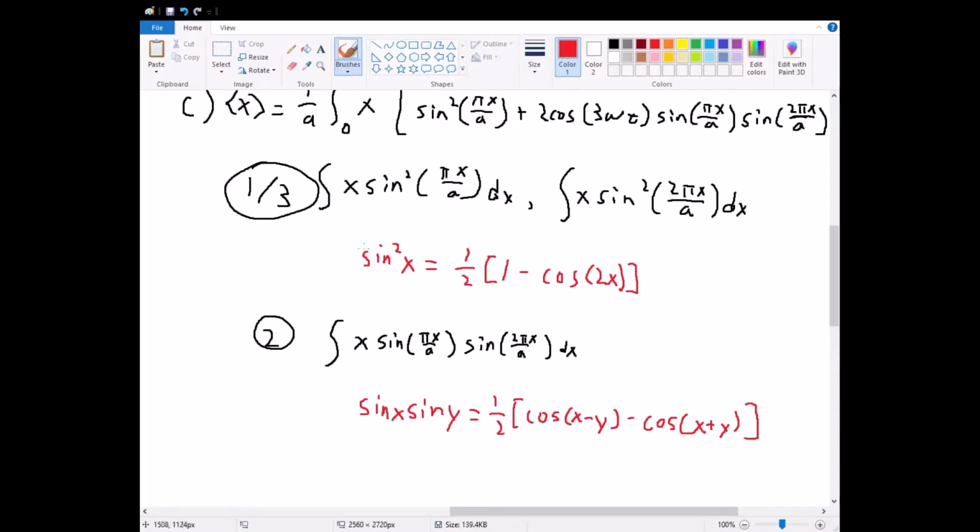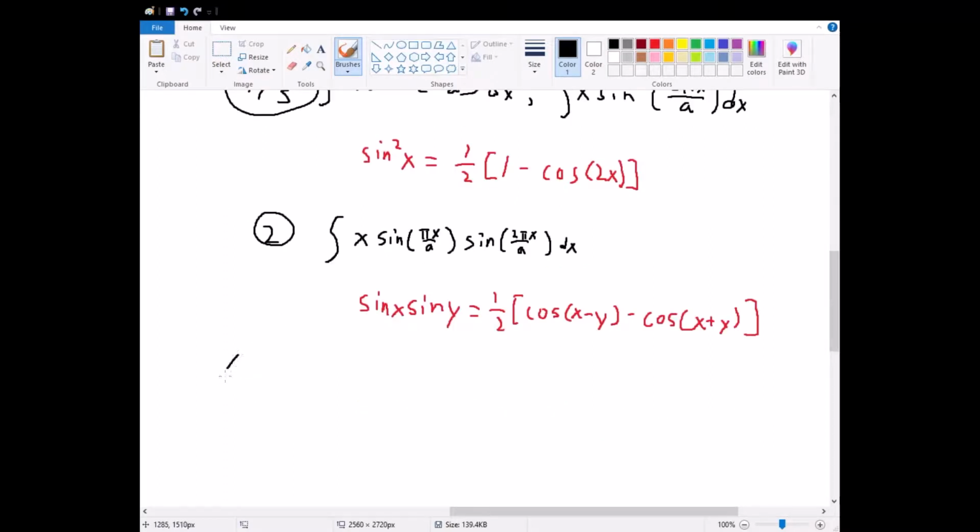This is a very horrible, very mean and messy equation. Thankfully, we are studying physics, so I'm just going to shove this into my magical integral calculator and tell you that the final result for this is going to be equal to a over 2 minus 16 times a over 9 pi squared multiplied by cosine of 3 omega t.